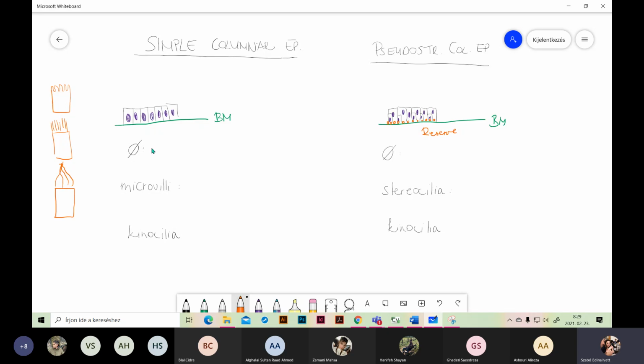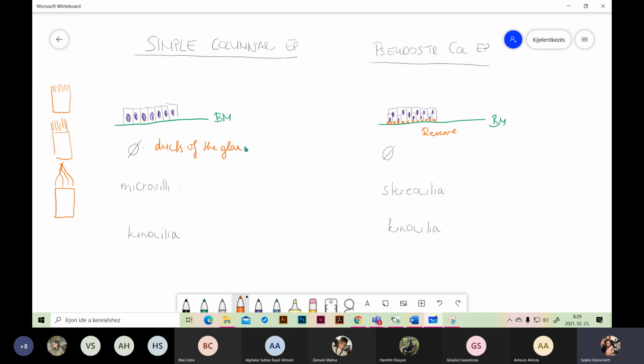For example, in salivary glands, we will see this type of epithelia. It's enough if I'm writing ducts of glands, it's easier.